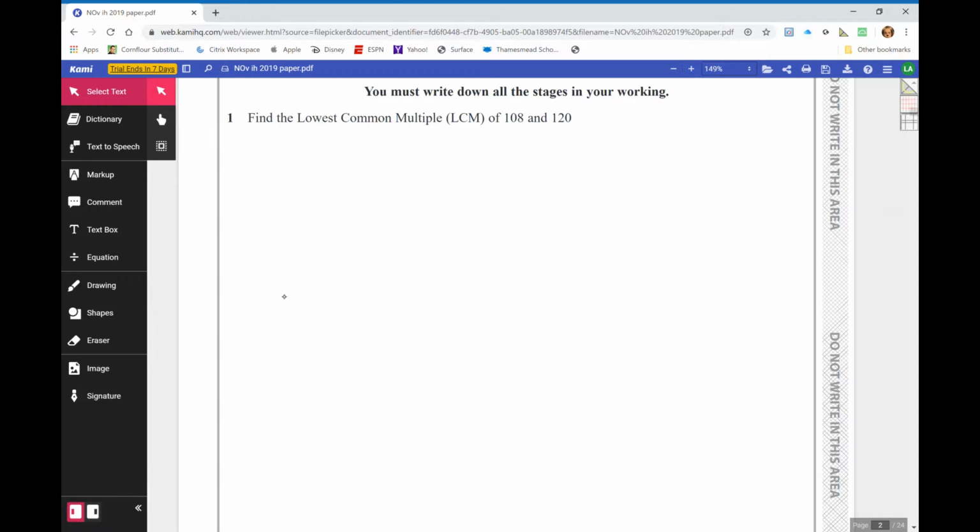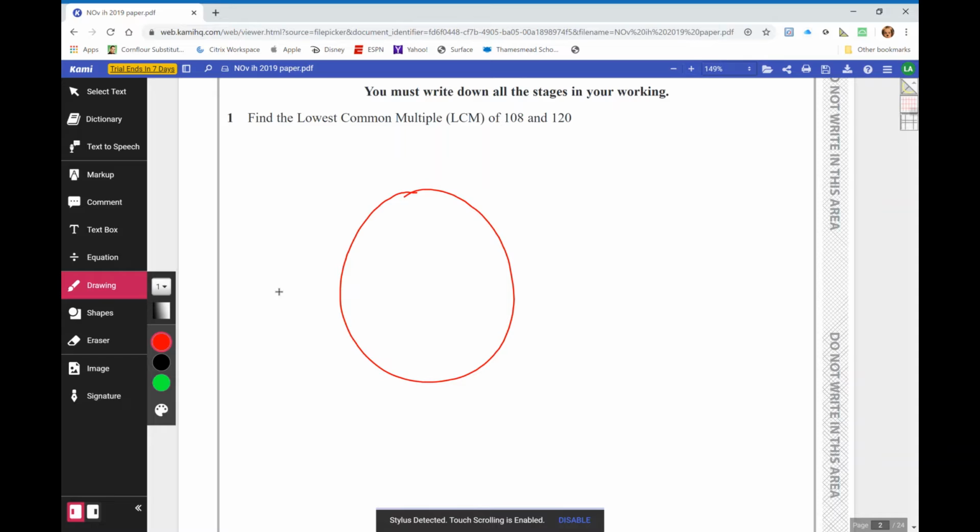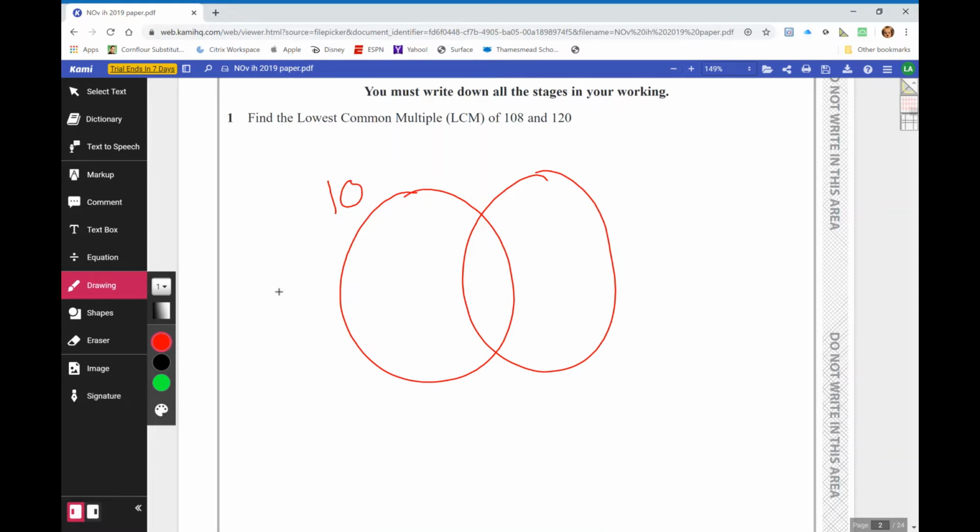We can do this using a Venn diagram. That's how I would always do these. If you wanted to, you could literally list the multiples of 108 and 120 and then find the first one that they share, but this is much quicker.